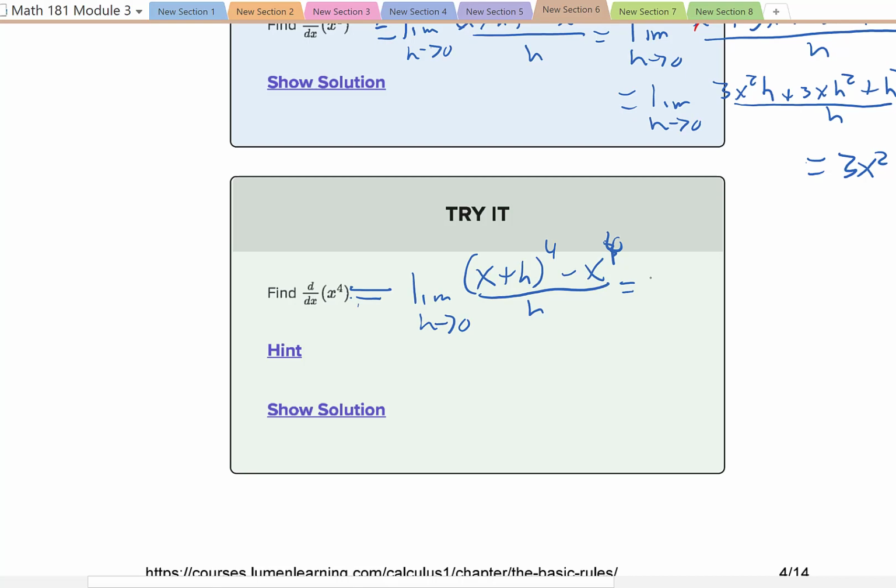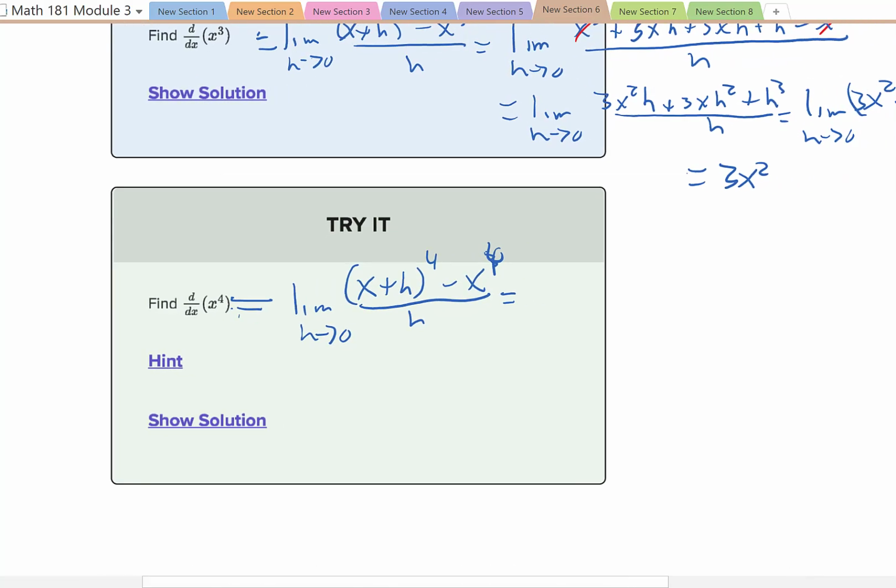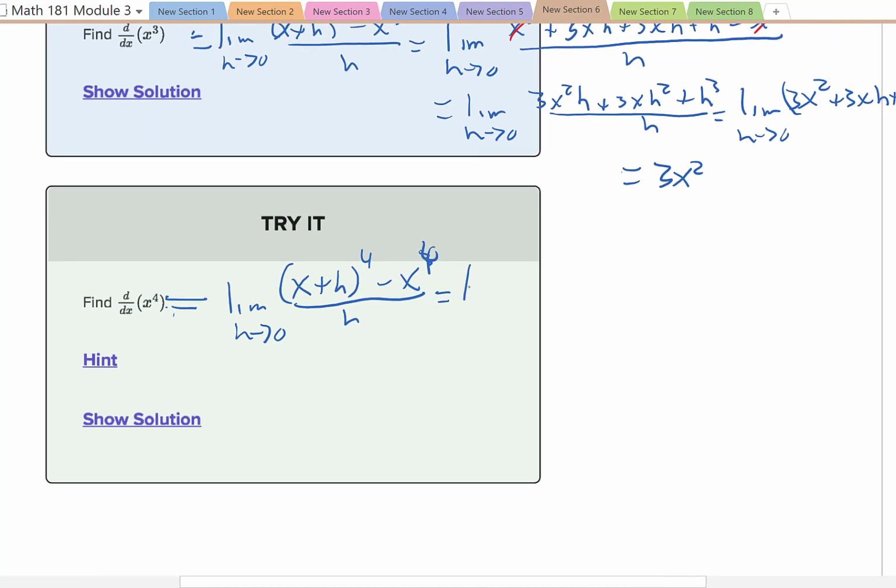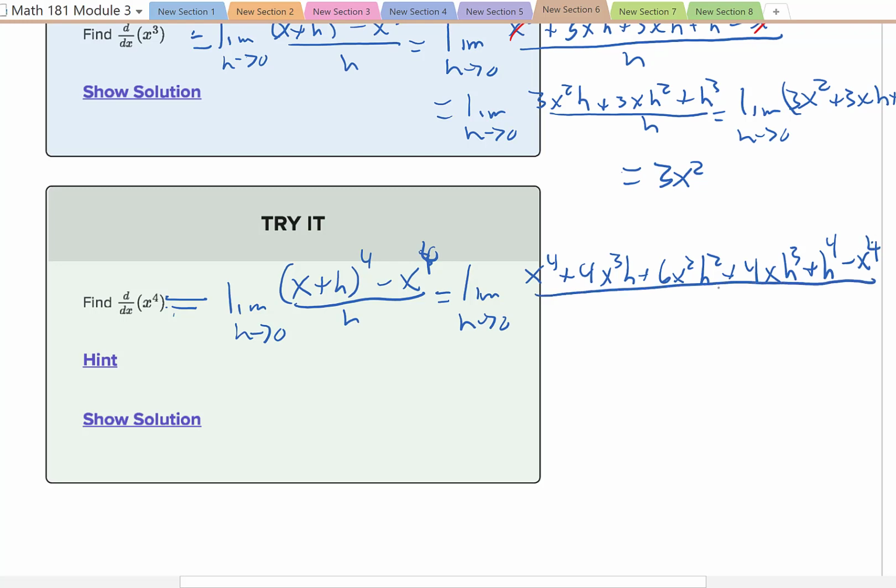So that expansion is going to be the limit as h goes to 0 of x to the fourth plus 4x cubed h plus 6x squared h squared plus 4xh cubed plus h to the fourth minus x to the fourth, all divided by h.